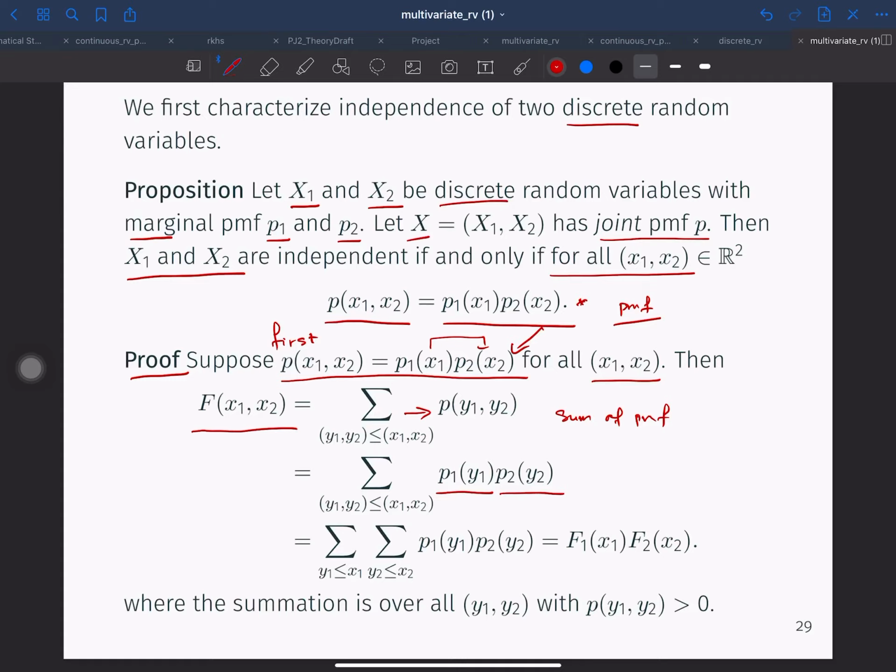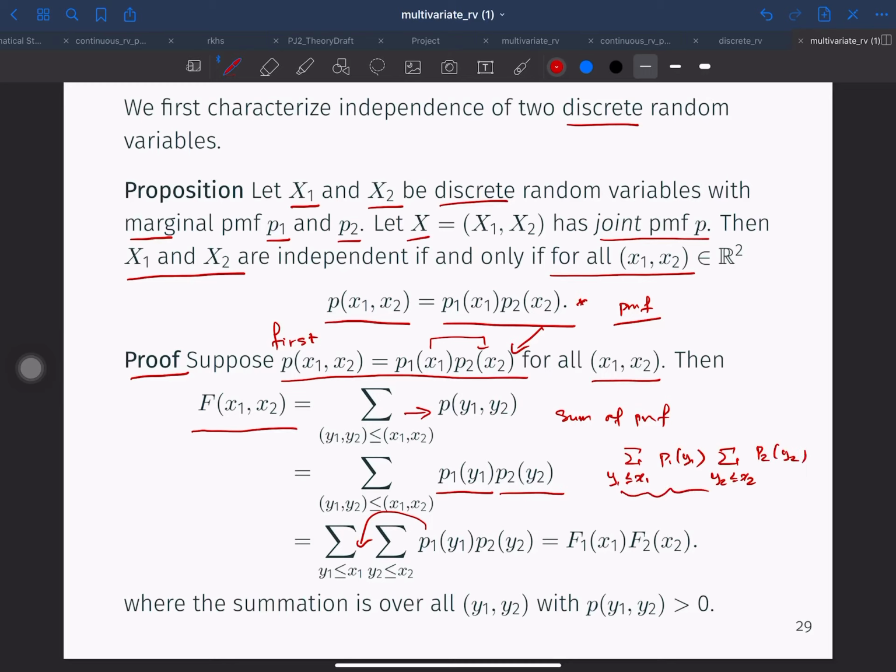Because this is a double sum, we can move the P1 sum outside and write it as a summation of y1 less than or equal to x1, P1 of y1, and then the summation of y2 less than or equal to x2, P2 of y2.